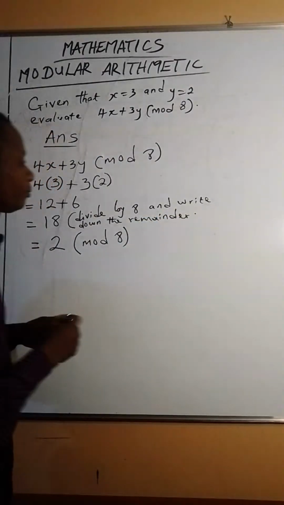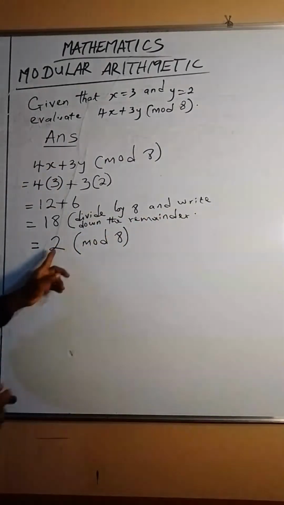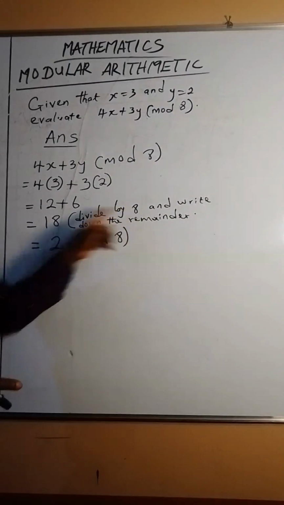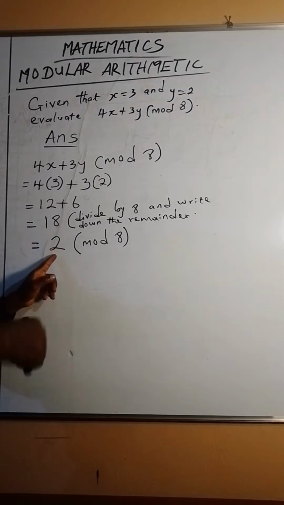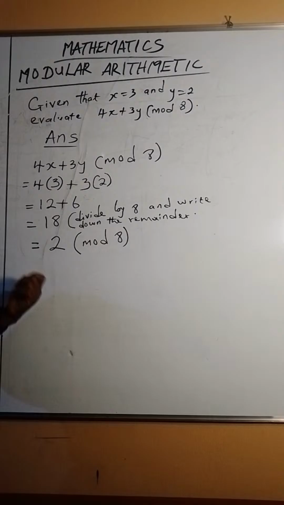The remainder becomes the answer. It is not the number of times it goes into 18, but the remainder, what remains after division, that is the answer. All right, so this is the answer to this question.